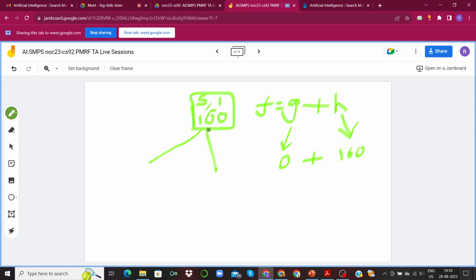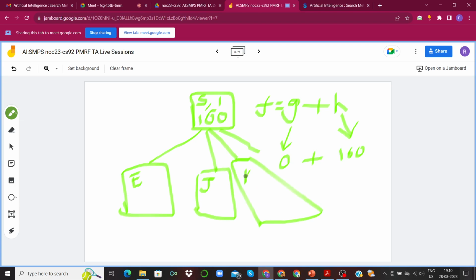Similarly, when we write down the children of S, they were E, J, K, and O. So what each of these parts represents is a partial solution, as I mentioned.